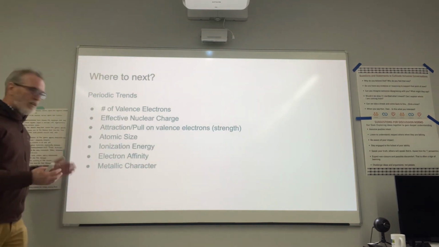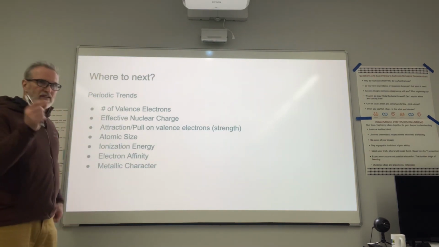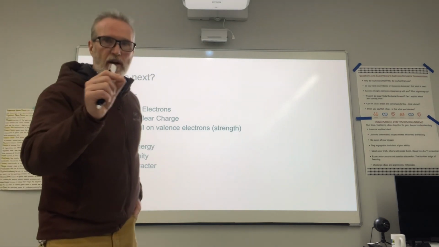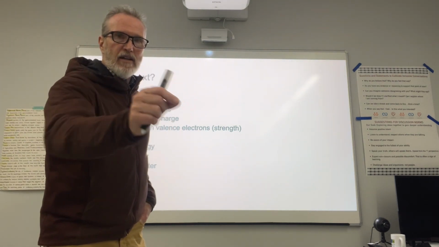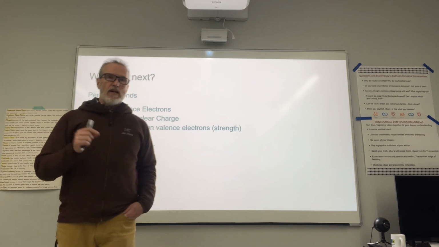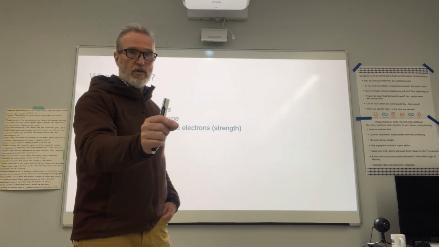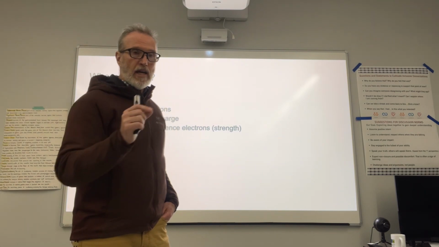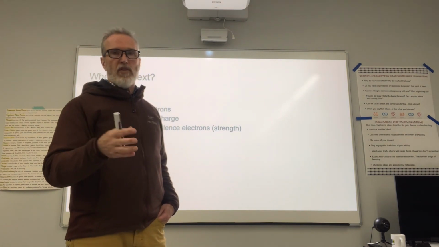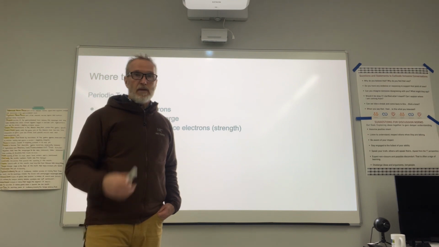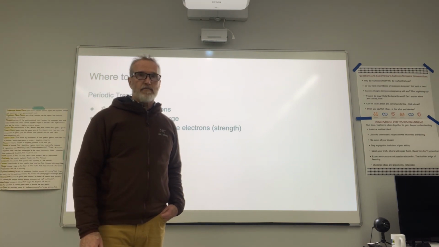Right? So it's a little bit more complex, but obviously with this additional electron that you want to add to an atom, there's a couple things that are going to happen. How strongly is it pulled on by that atom's nucleus? And is there room for that additional electron to be added to that atom?